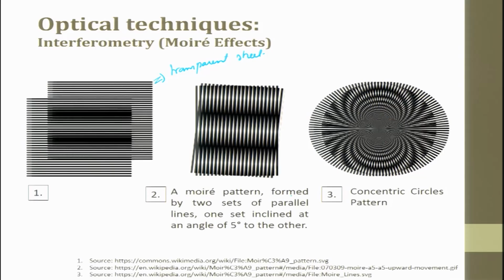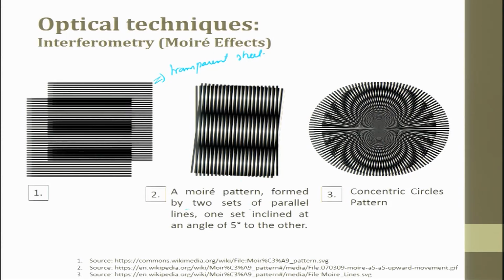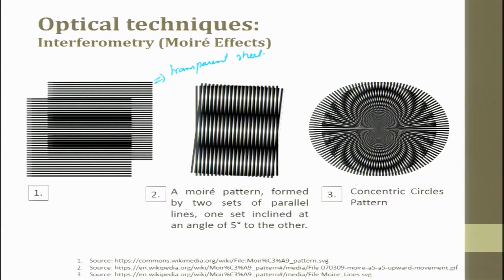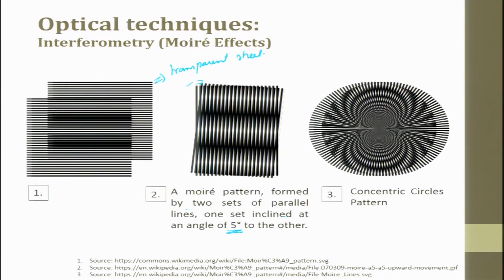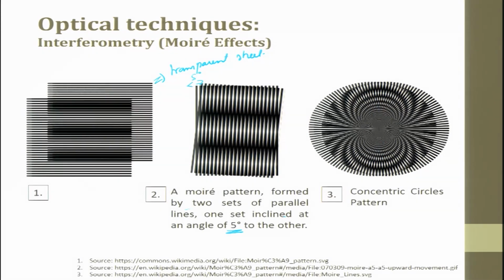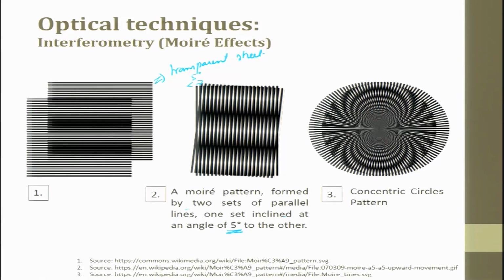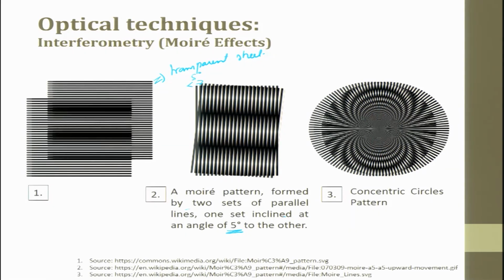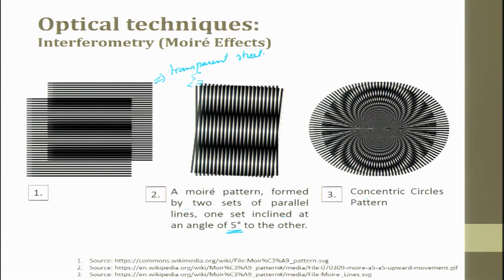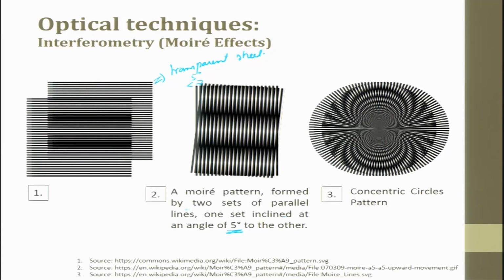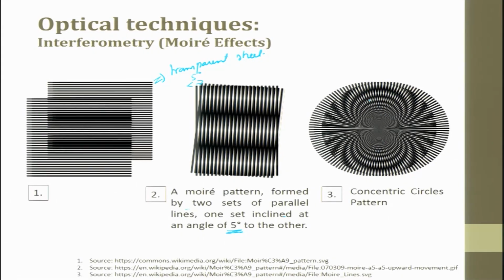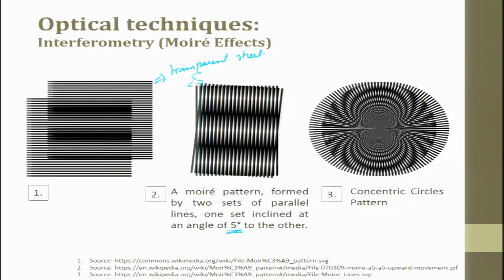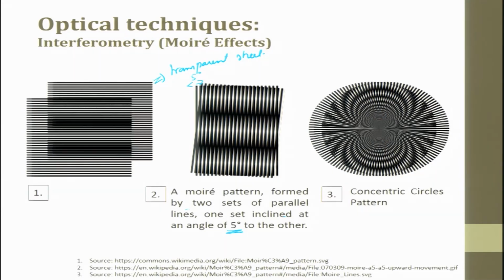So, a Moire pattern is formed by two sets of parallel lines, one set inclined at an angle of 5 degrees to the other. So, this is the inclination angle, 5 degrees. You get a fringe pattern. This is for linear lines. You can also do it for concentric circle patterns. Now, if you start counting the lines, from this counting of lines you can find out the depth information you are trying to take.